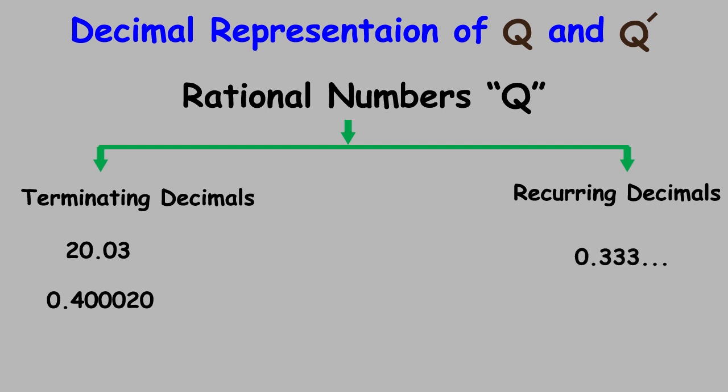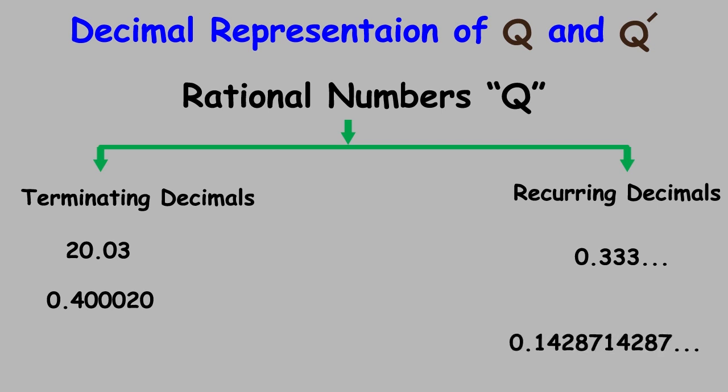If I write 0.333, which is not terminating, then it will also be a rational number because it is recurring, meaning it is repeating digits.